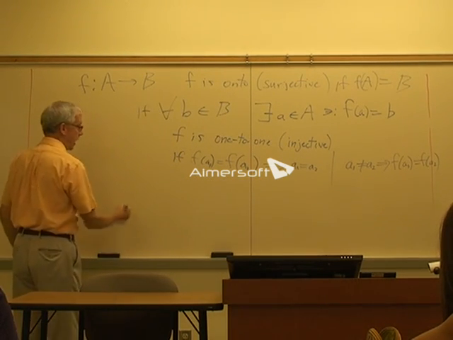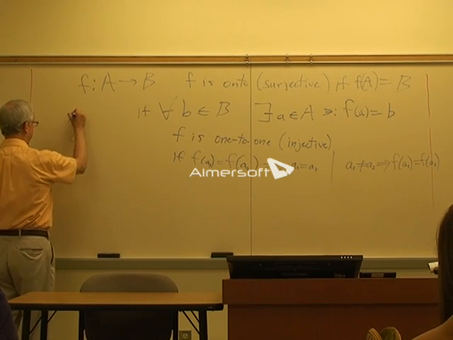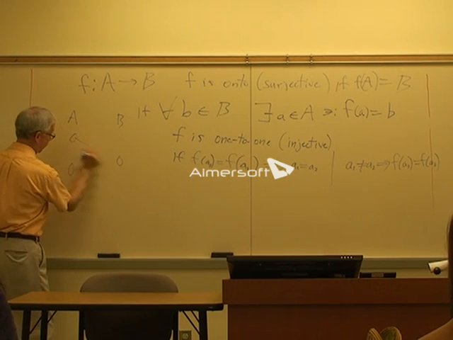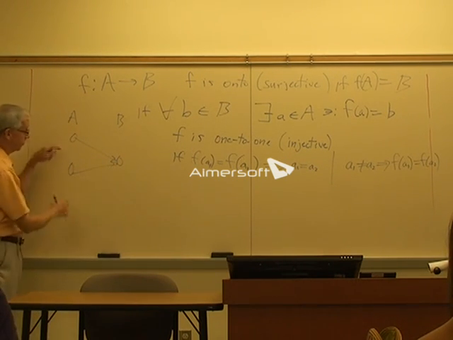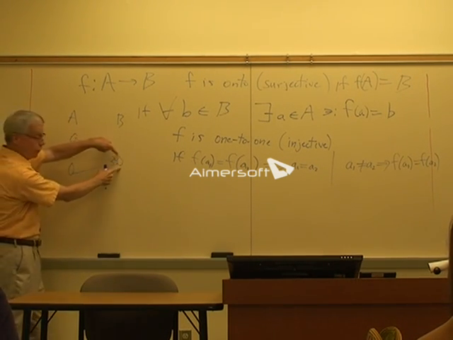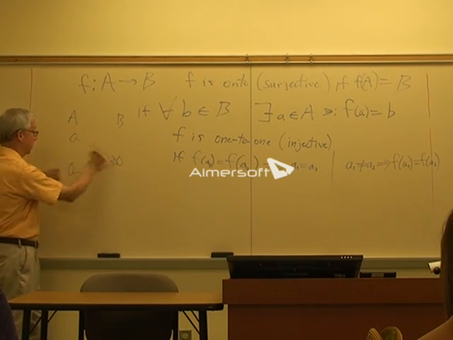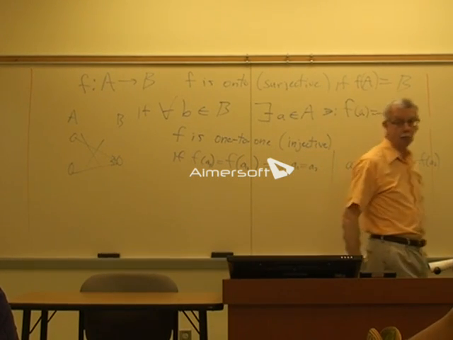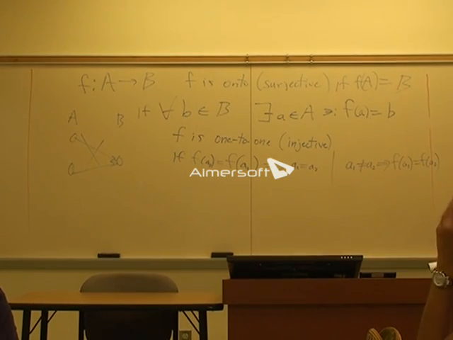In my diagram, this says if this is my set A, and this is my set B, this never happens: here's a1 and a2, but f of a1 and f of a2 are the same. This is ruled out when I'm one-to-one. It means each element only gets sent one place.